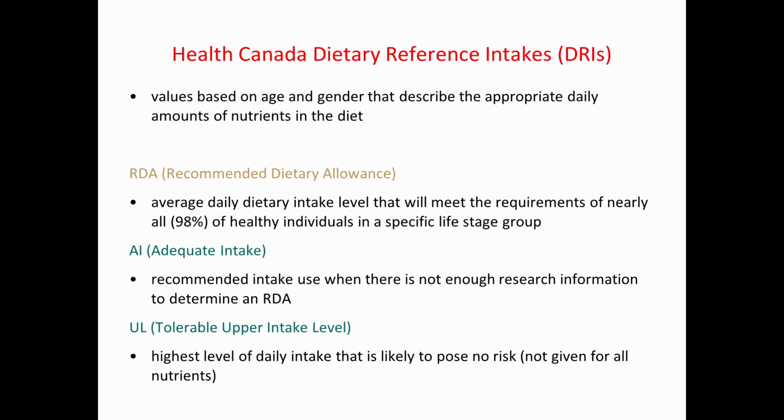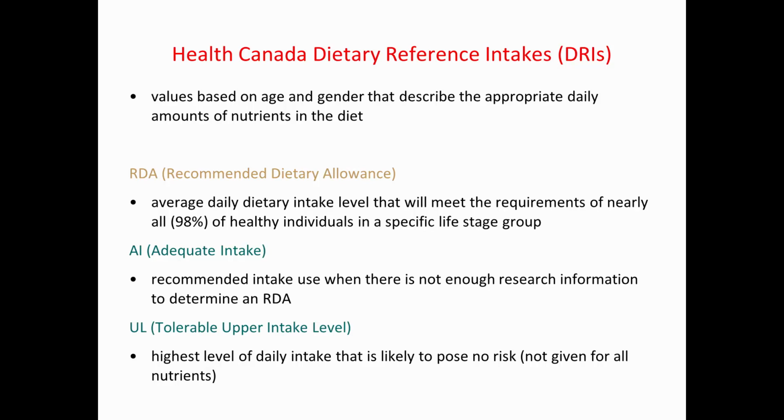Health Canada does make recommendations. These are called the Health Canada Dietary Reference Intakes, and these are recommendations on the amount of each nutrient that we should eat. The values are based on age and gender. They have recommended dietary allowances. This is the average daily intake level that would meet the minimum requirements of most healthy individuals in a specific age group.